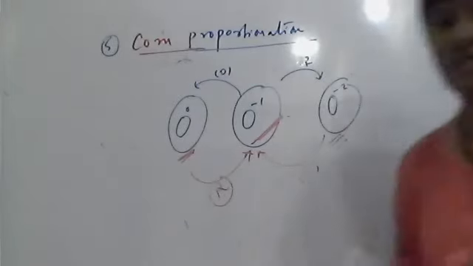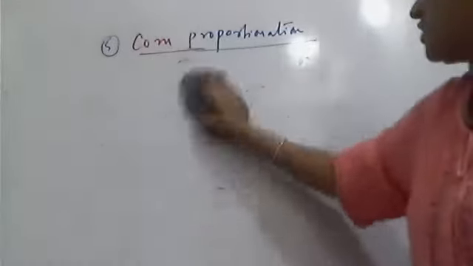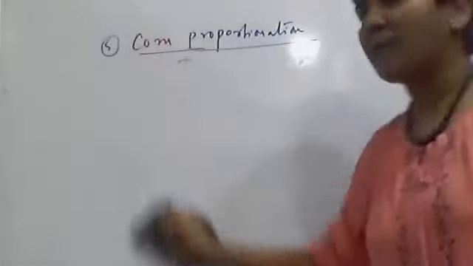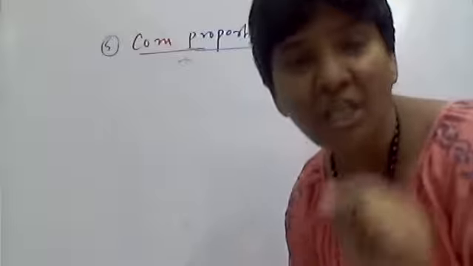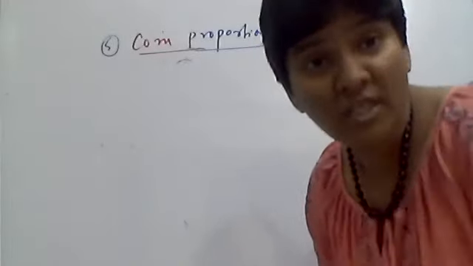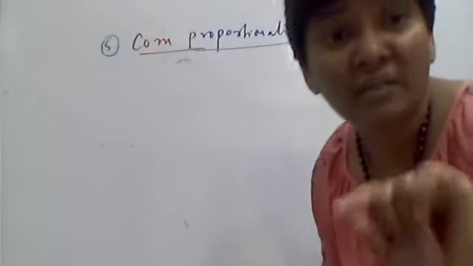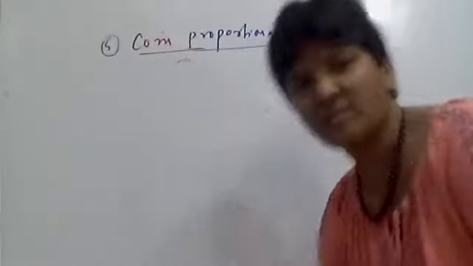Such a reaction is called comproportionation. So what is comproportionation? A redox reaction in which the same element undergoes both reduction and oxidation to form its intermediate oxidation state. See here the best example.